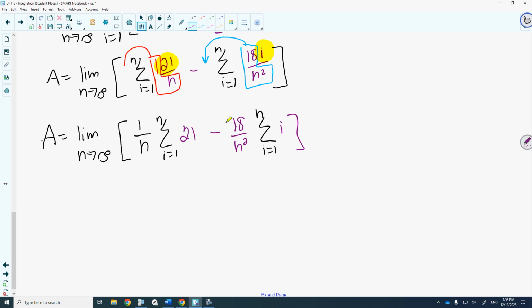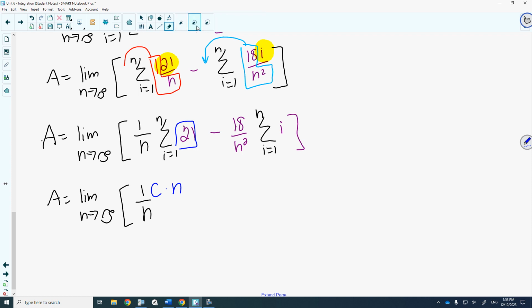You're going to replace these two with their formulas. So that would give us the limit as n approaches infinity of 1 over n. The formula for a constant is c times n, but c is 21. So I'm going to just bring that 21 down.